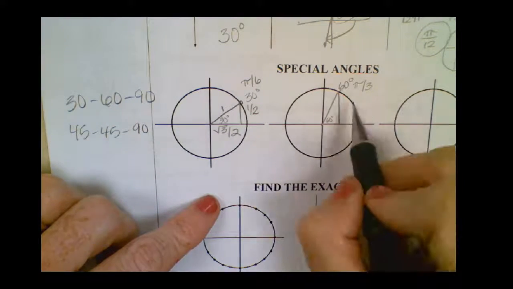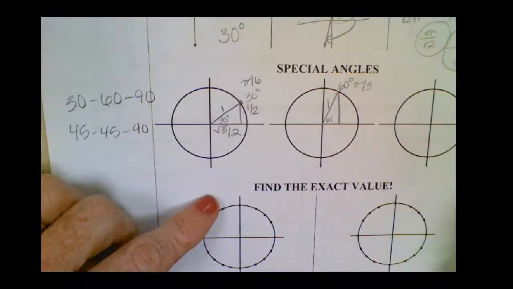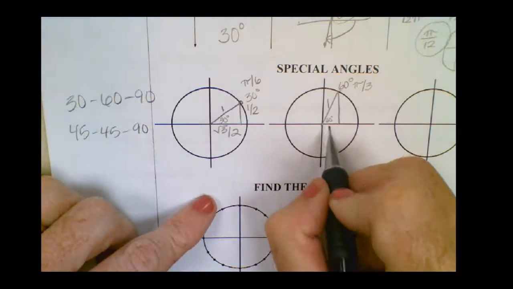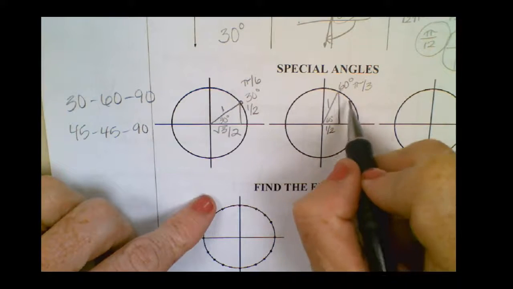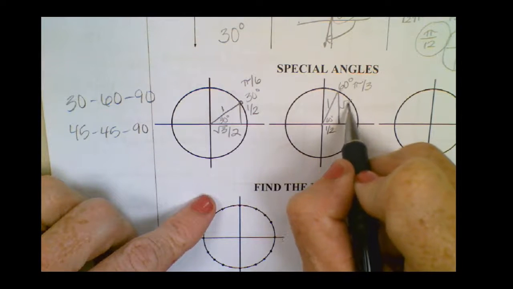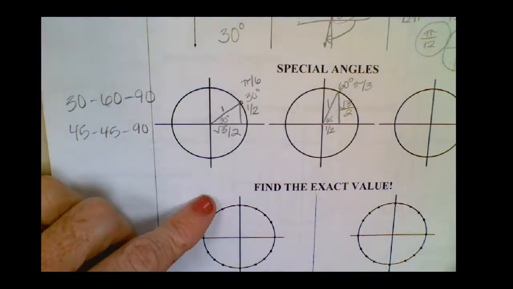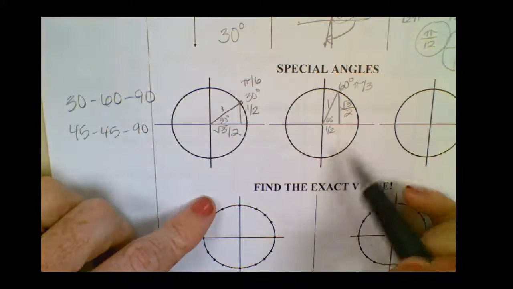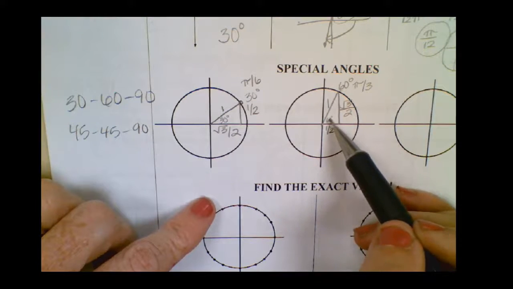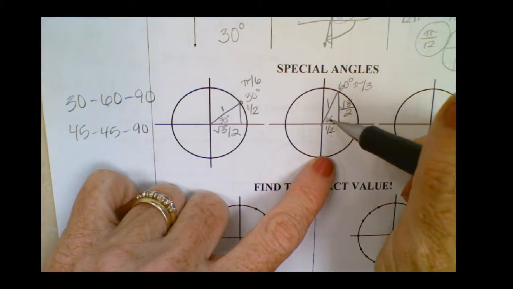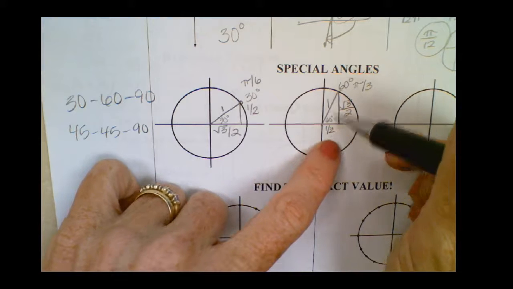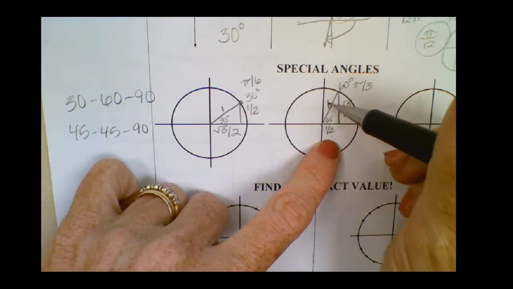Okay. And again, we know this radius is 1. It's 1 no matter what. The short side is half of the hypotenuse, and the long leg is that short leg times square root of 3. So for example, if I was asking you the cosine of 60, that would mean adjacent over the hypotenuse, which is 1/2 over 1.